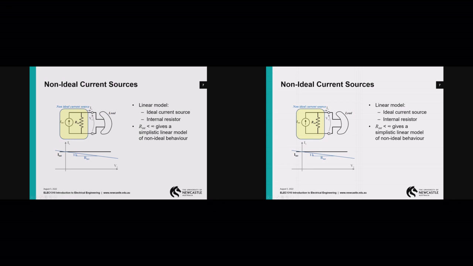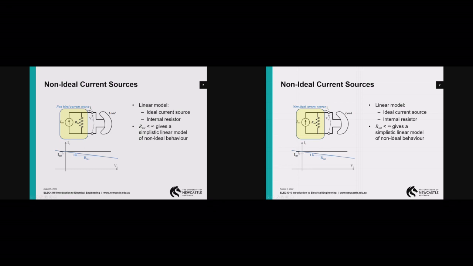Here, as the voltage increases, I will create current through that resistance, which will subtract from the current being generated by my ideal source. So as that voltage gets bigger, I get more current through that internal resistance, therefore I get less current at the output terminal.